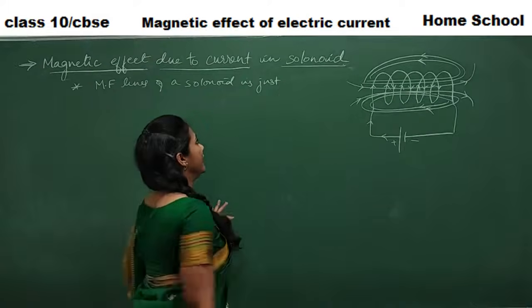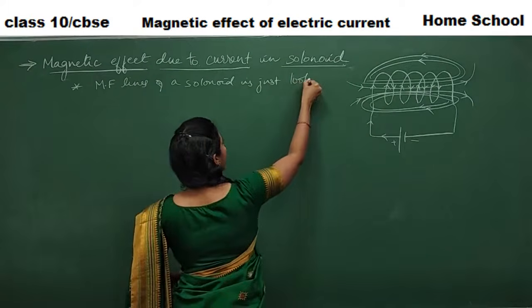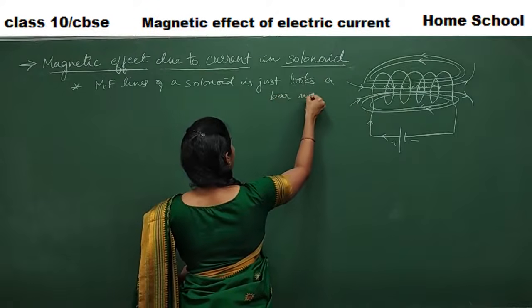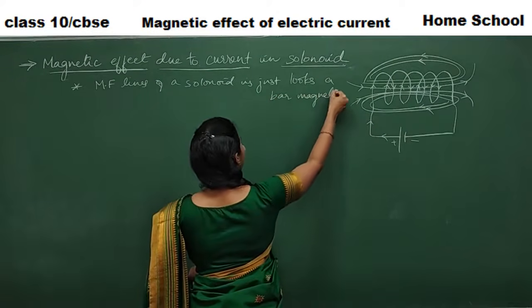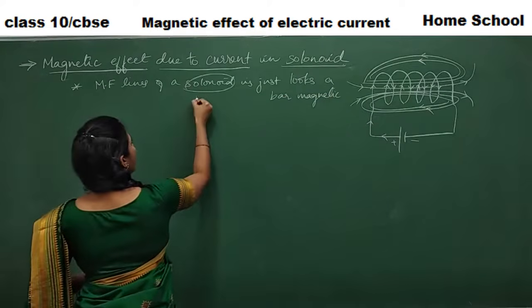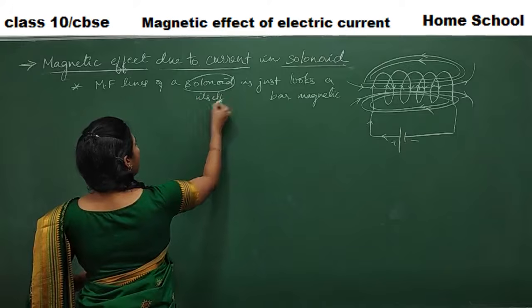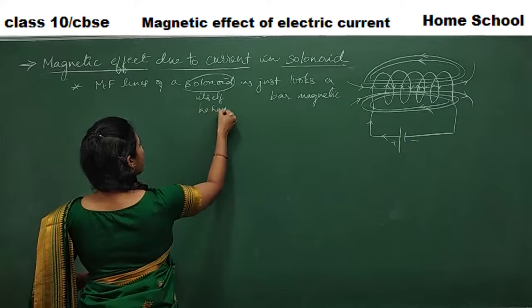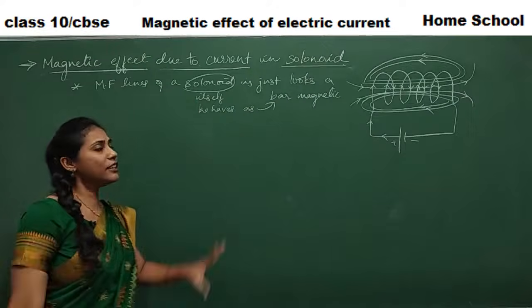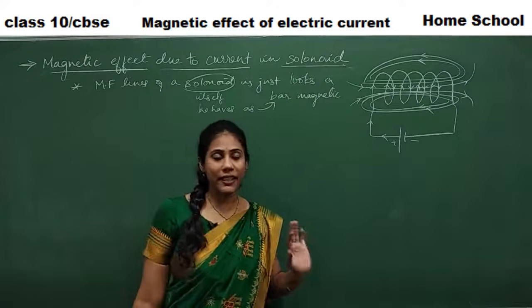Clear? Fine. So it just looks like a bar magnet. In fact, I can say the solenoid itself behaves as a bar magnet, right? So these are the two points you have to remember initially.